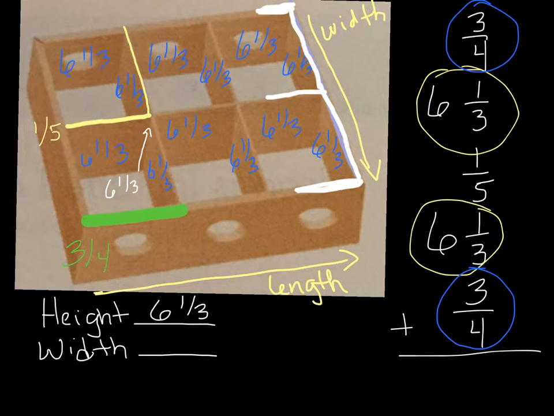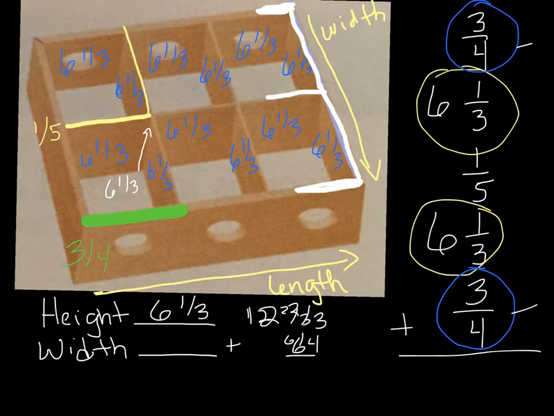So if I add my 6 1/3 and 6 1/3, I can do that in my head. I know 6 and 6 is 12, and 1 third plus 1 third is 2 thirds, so it's going to end up being 12 2/3. We'll write that down over here. Then we will add our other group of fractions, 3/4 and 3/4, which will give us 6/4.